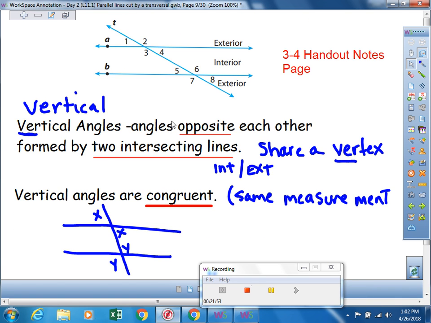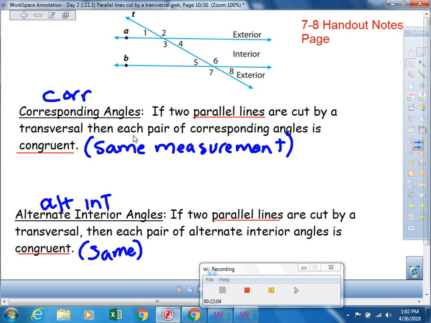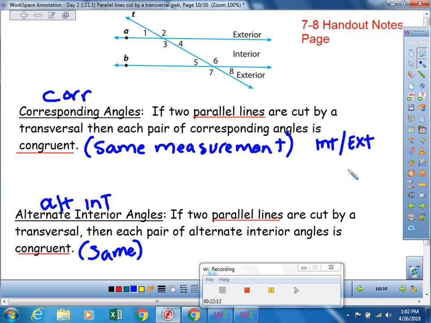On vertical, one is in the interior, one's in the exterior. Right, we wrote that. On corresponding, same. One's in the interior, one's in the exterior. Might want to add that in on your paper. One's in the interior, one's in the exterior.